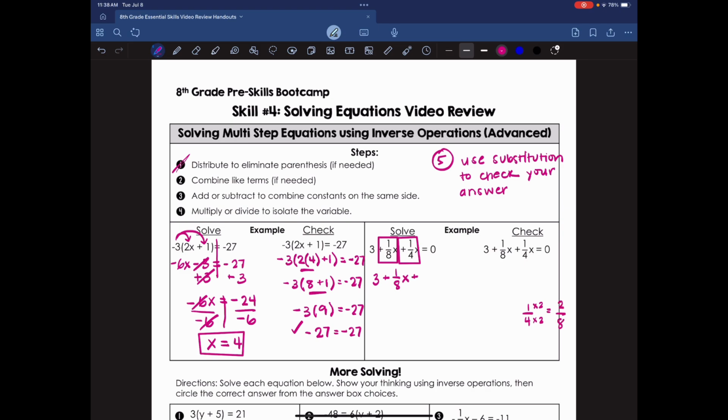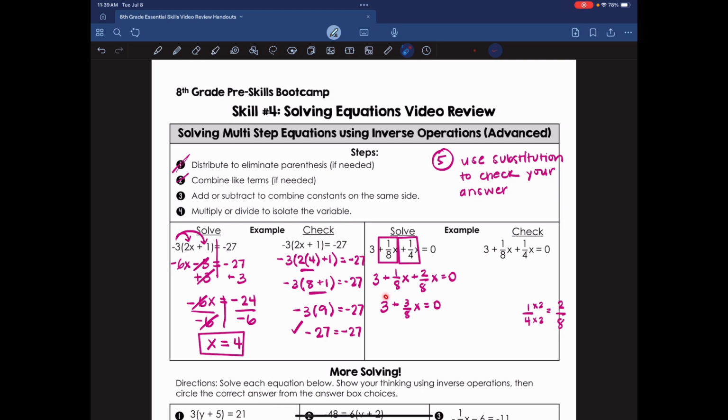So I'm going to write plus 2/8 x equals 0. And now I can go ahead and combine my like terms. So I really end up with an equation that looks like 3 plus, and 1/8 plus 2/8 is 3/8 x, equals 0.